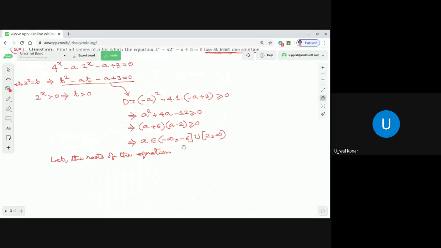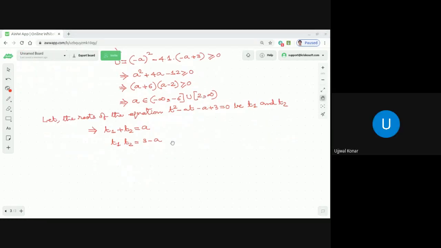Let me write the equation: t square minus a t minus a plus 3 is equal to 0, let the roots be t1 and t2. Correct? So what are we going to get from the relationship between the roots and coefficients? We can write t1 plus t2 is equal to minus b by a, so that is equal to a. Correct or not? And t1 into t2 is equal to 3 minus a. Minus a plus 3 means 3 minus a. Clear?